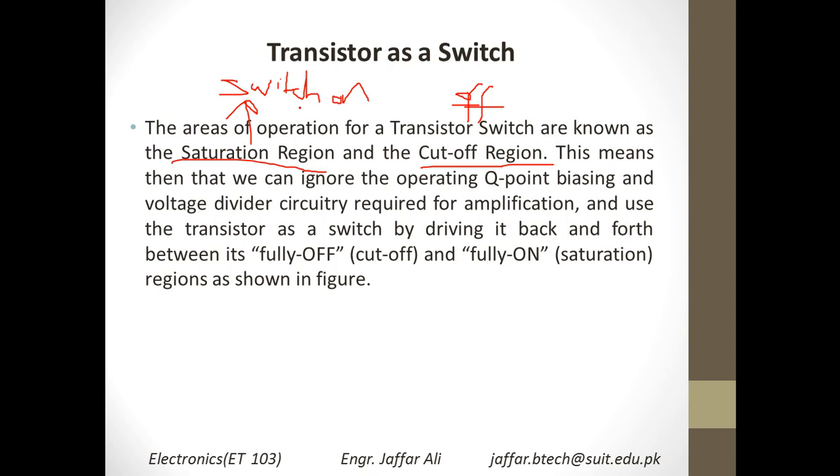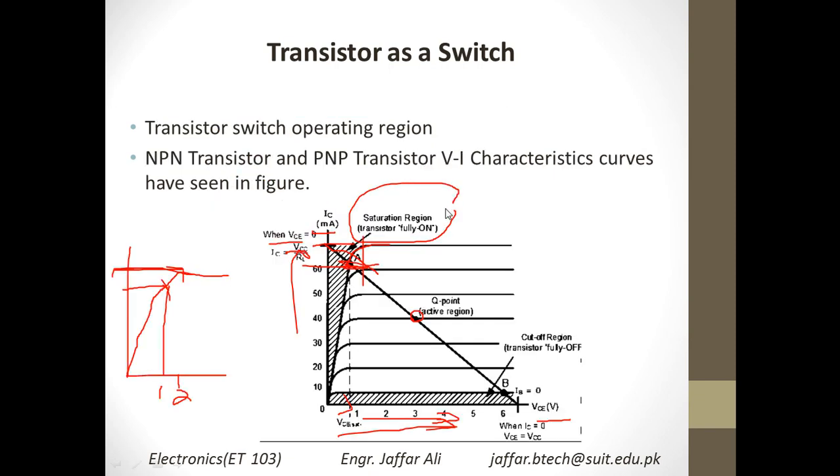So these are the two technical names for switch on and switch off. In switch on mode, the transistor has reached its saturation region. I will show you the diagram: beyond this point, it has reached its saturation region. So after that point, your device will be turned on.